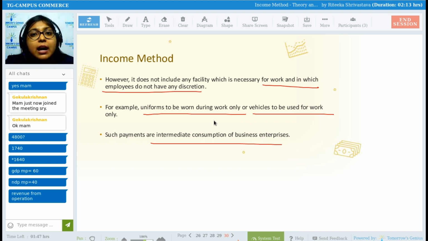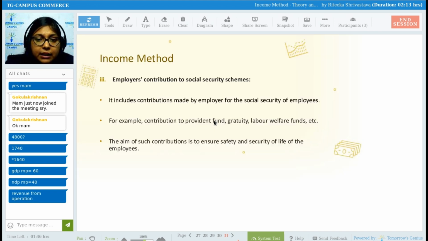So there are a few things which will still come under intermediate consumption, like uniforms which we give to workers to wear on the site, and vehicles given just for work purposes. But wages and salaries in kind is giving wages and salaries to your employees in the form of kind, like a free home, free car, free medical insurance, and everything.